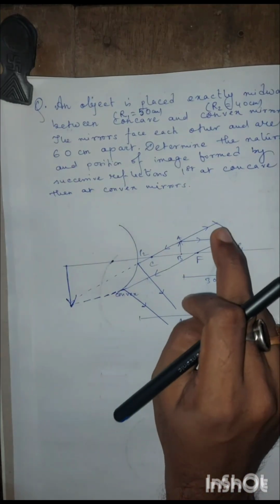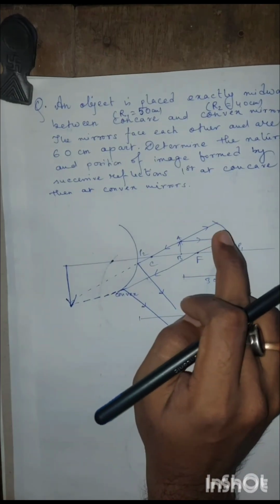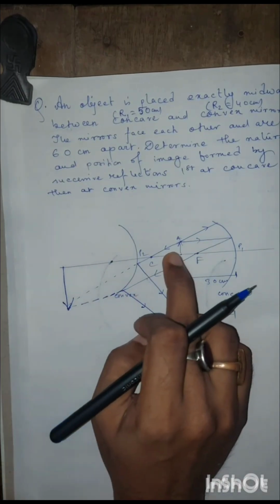So the rays reflected by the concave mirror form a real image.